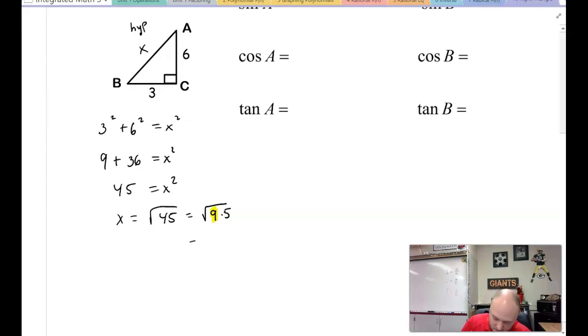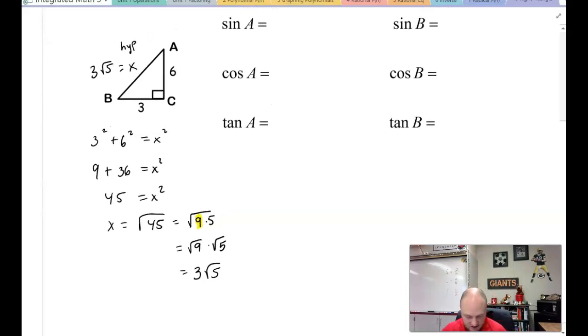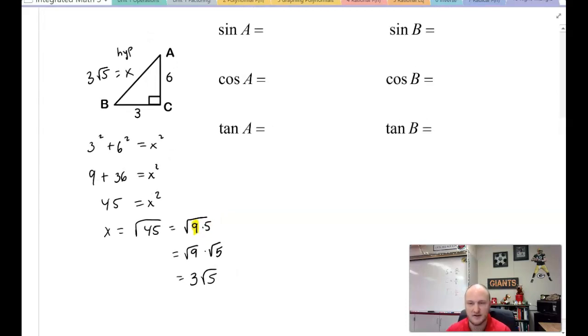And the square root of 9 is just 3. So 3 root 5. This side is 3 square root of 5. Okay, so now that I have that side, 3 times the square root of 5, I can go ahead and find sine, cosine, and tangent.